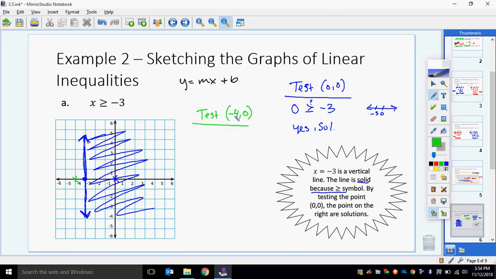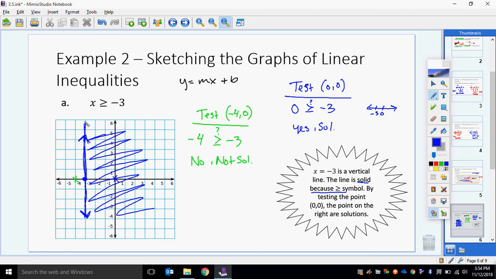I plug in -4 for x and decide if it's greater than or equal to -3. And no, it's not. It's smaller, right? So it's not a solution, which means I don't want to include it in my shading. So I shaded correctly the first time. I'm shading to the right side of this line.